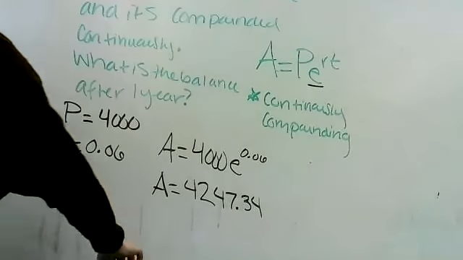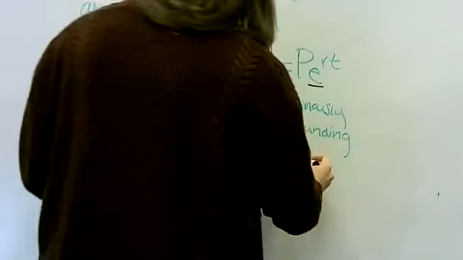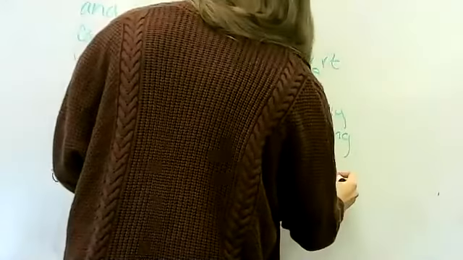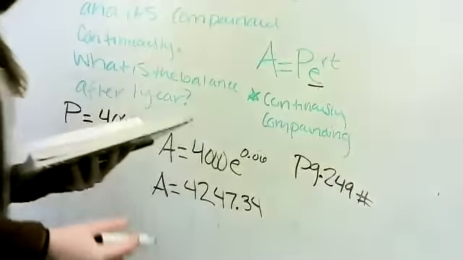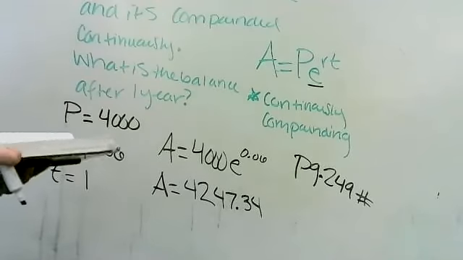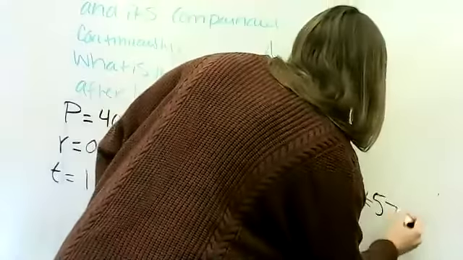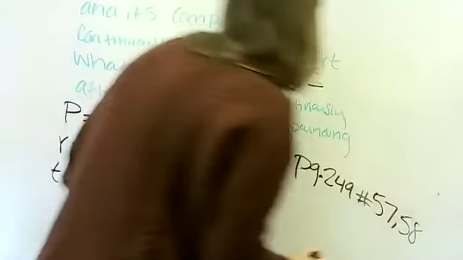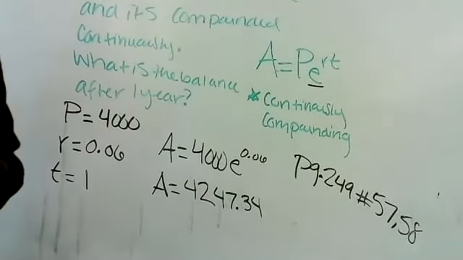So for homework for today, this is going to be on page 249. Let's do numbers 57 and 58. Just 2. It'll give you 2 practices of continuously compounding, 57 and 58.